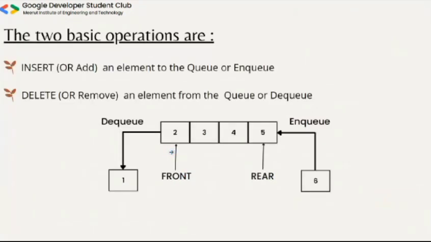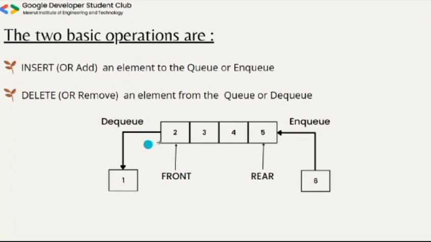Now there are basically two operations that we perform in a queue. The first is insertion and the second is deletion. We use some terms for them. Whenever we do insertion, we use the term enqueue, and whenever we perform deletion, we use the term dequeue. Enqueue means inserting an element into the queue, and dequeue means deleting an element from the queue.